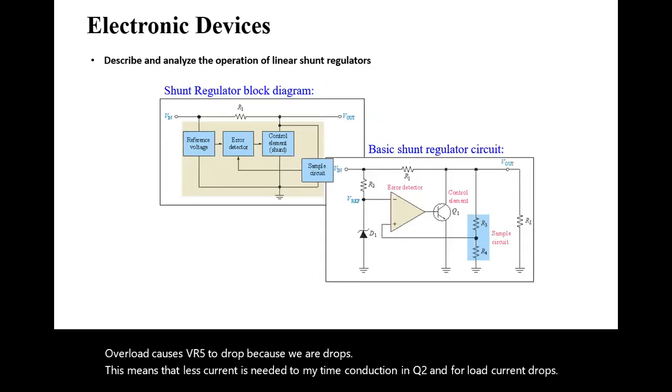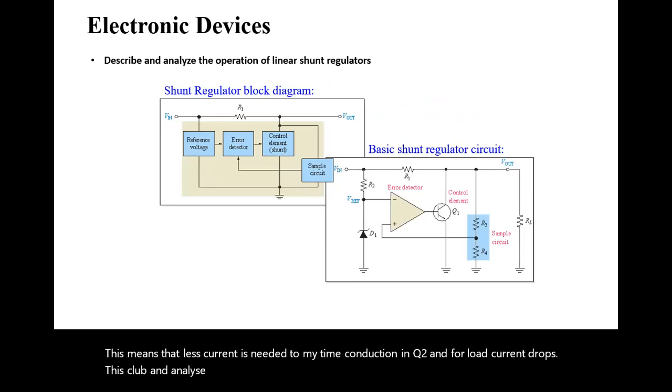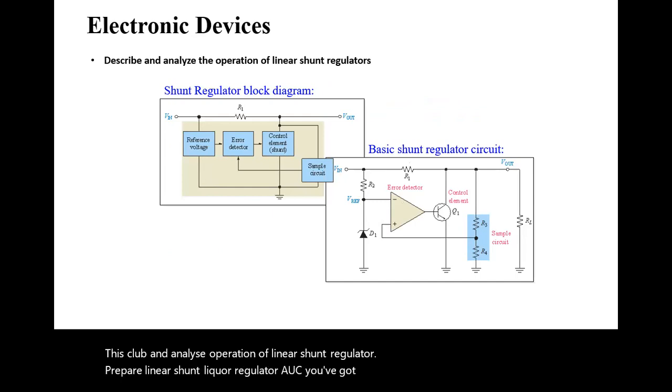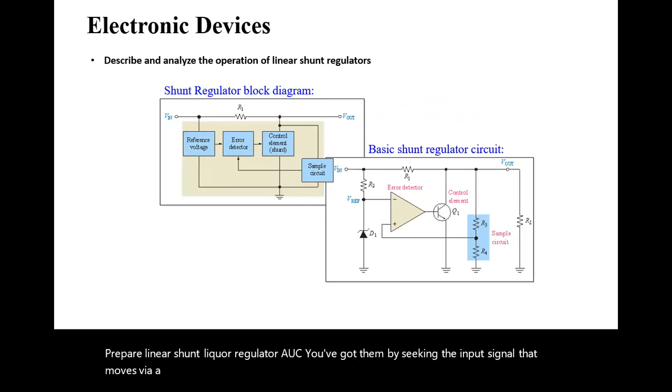Describe and analyze the operation of a linear shunt regulator. In your linear shunt regulator, you basically have the input signal that moves via a resistor R1 towards the output, but then you've got the feedback, which consists of, again, the control element, the error detector, and the reference voltage.